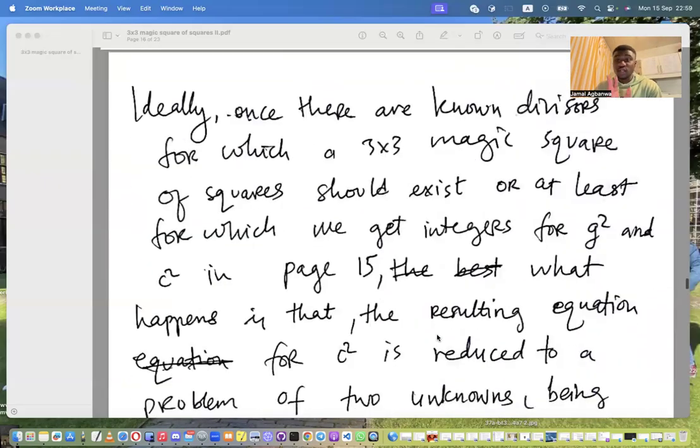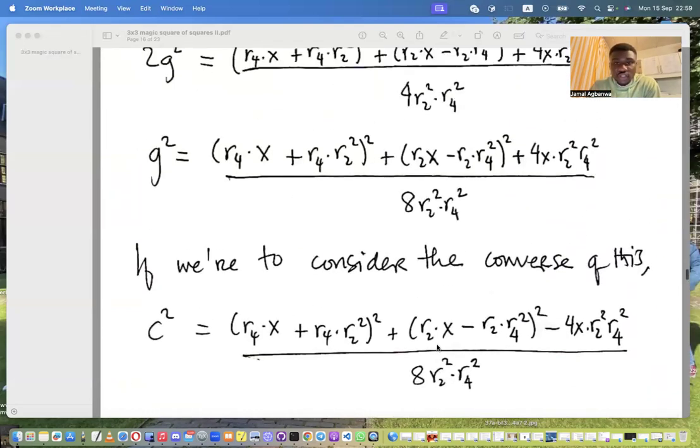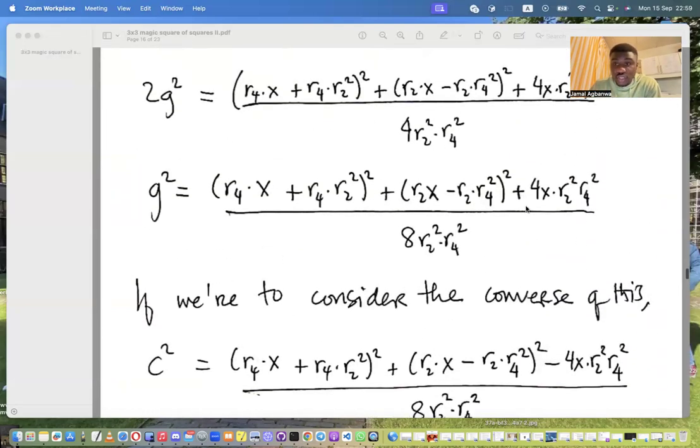So what I'm trying to say over here is that if you consider this formula we had for g squared, suppose we knew the devices, because r subscript 2 and r subscript 4 and also r subscript 3 somewhere, whatever they are, are supposed to imply that they're devices of x. So ideally, the goal is that if we know the right values for r subscript 2 and r subscript 4, and we made the necessary substitutions, whatever resulting equation we get would be in terms of only g squared and x.